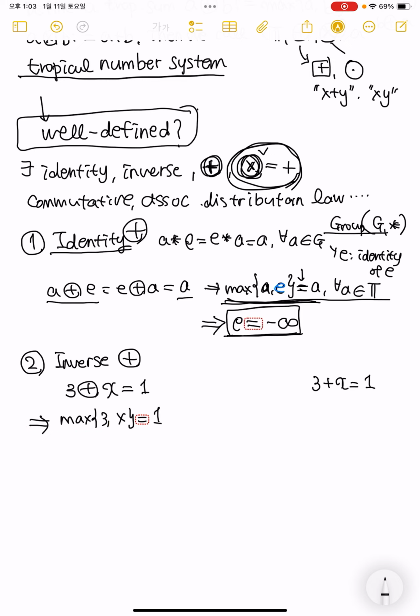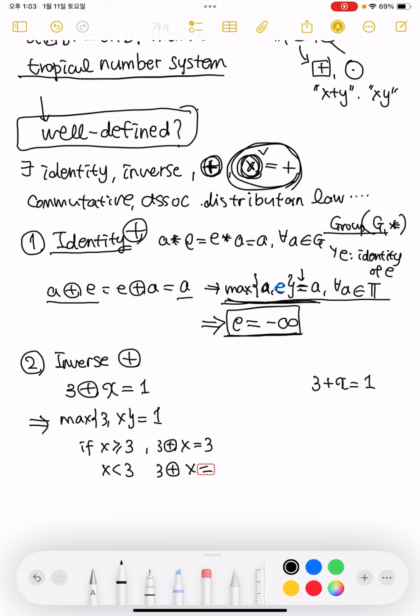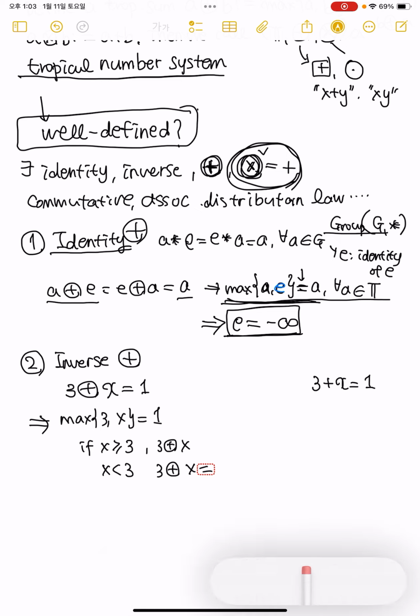But this is not really an equation that can be solved, because if x is greater than or equal to 3, by definition the result is 3. Otherwise, the result is x.